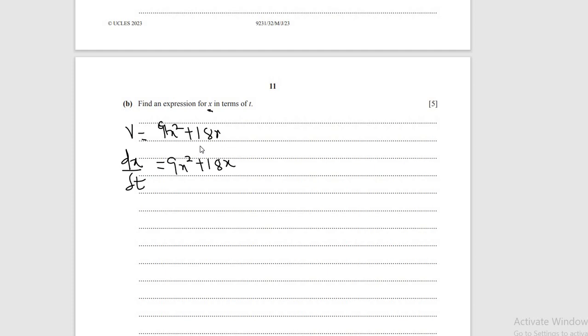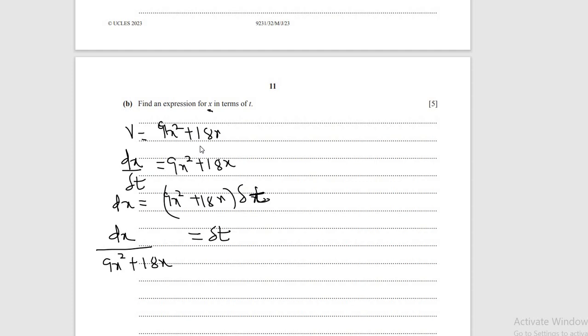You're looking for an expression of x in terms of t. So separate the variables: dx over 9x squared plus 18x equal to dt.